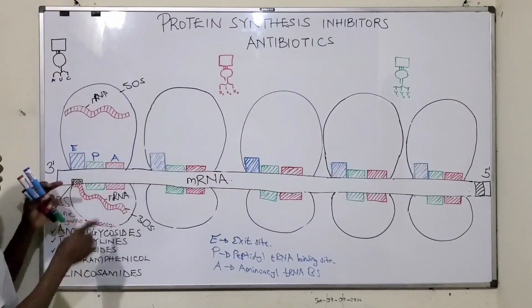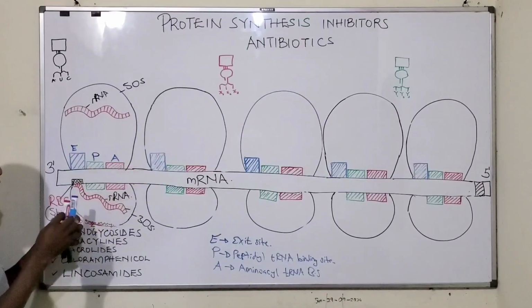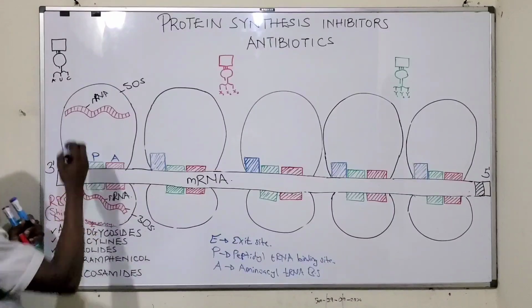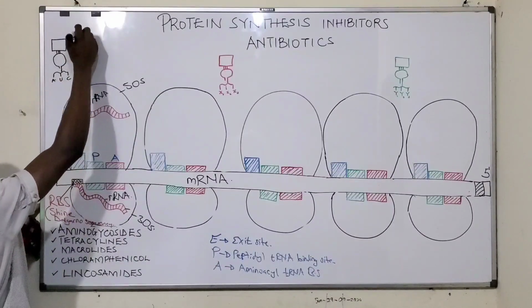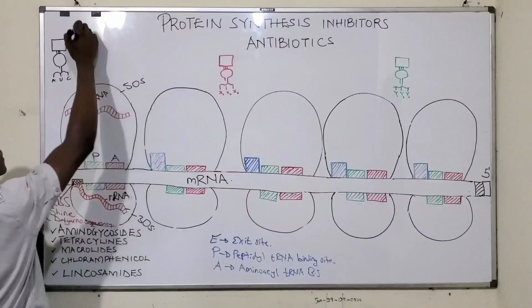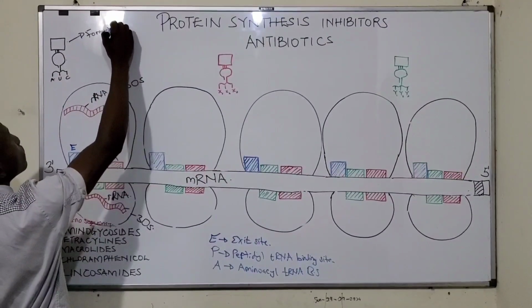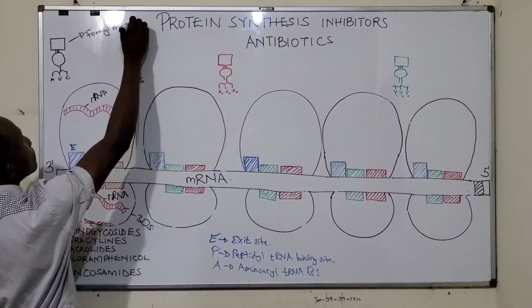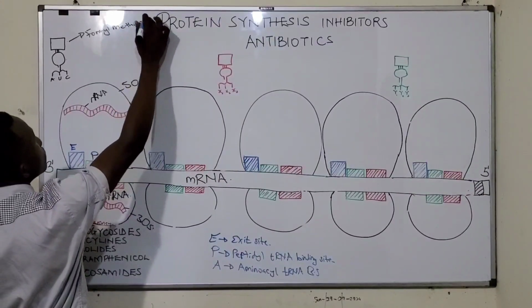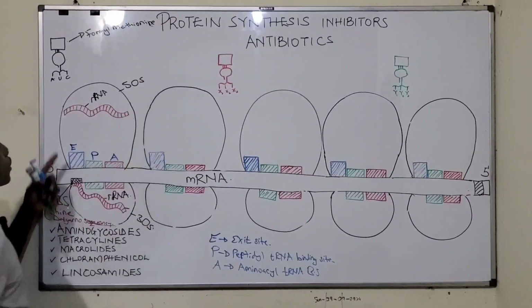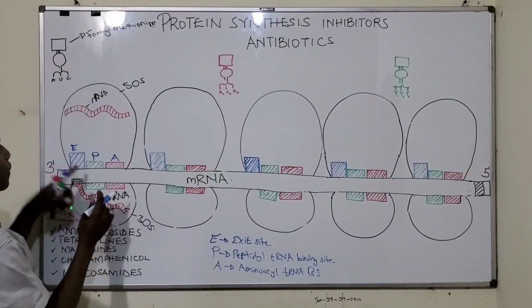Now, when the messenger RNA reaches the ribosome, the first amino acid carried by the transfer RNA in bacteria is known as formylmethionine. It's carried by the transfer RNA to the P site.